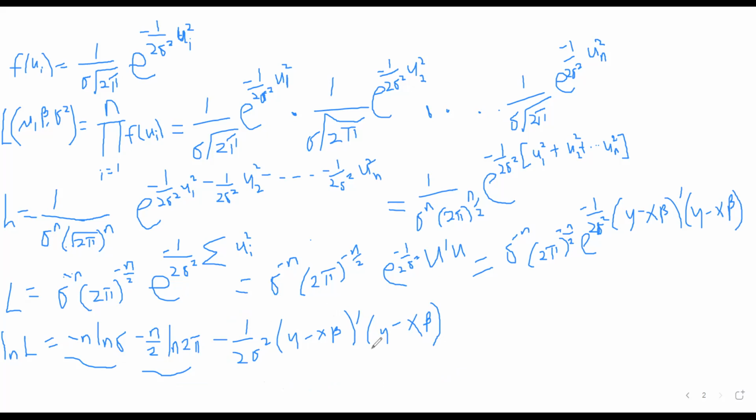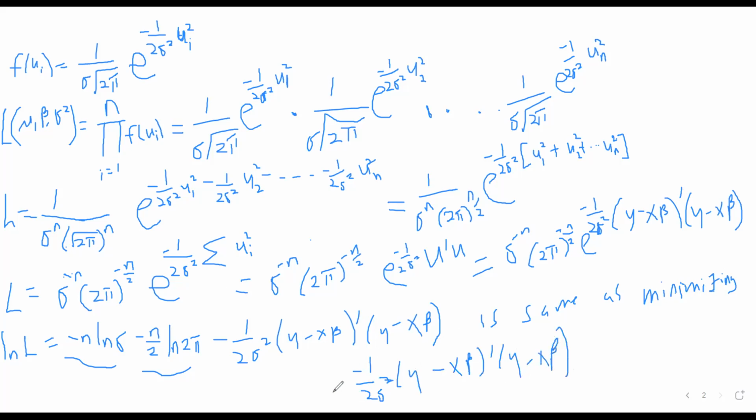In other words, maximizing this for the betas is the same as minimizing this part, minus 1 over 2 sigma squared (y minus x beta) transpose (y minus x beta).